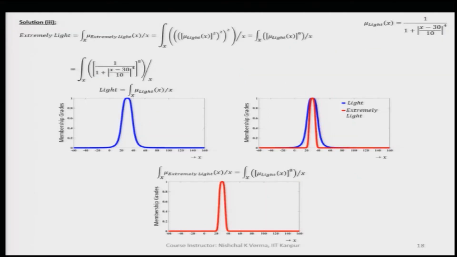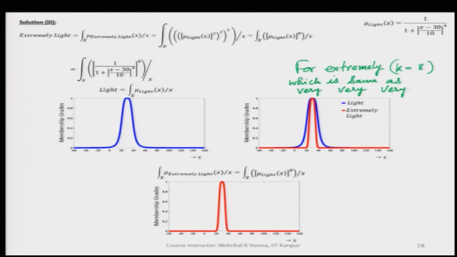Now, in case we are interested in extremely light, for extremely the value of k becomes 8. This extremely is the same as very, three times very.